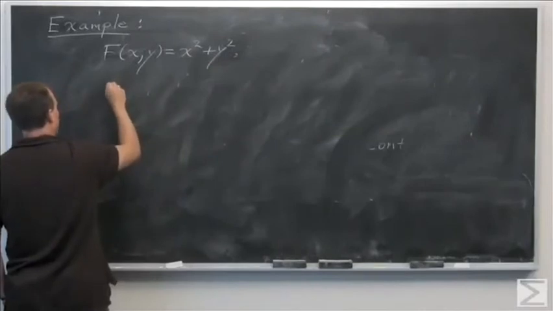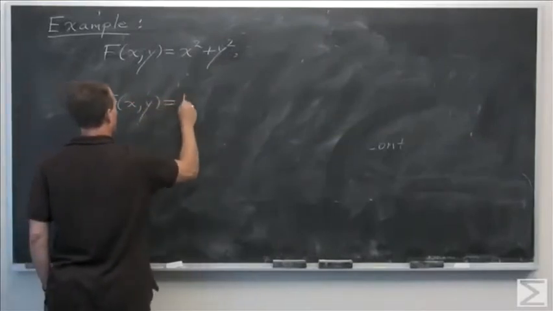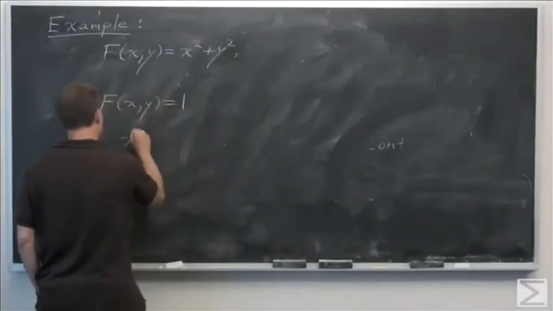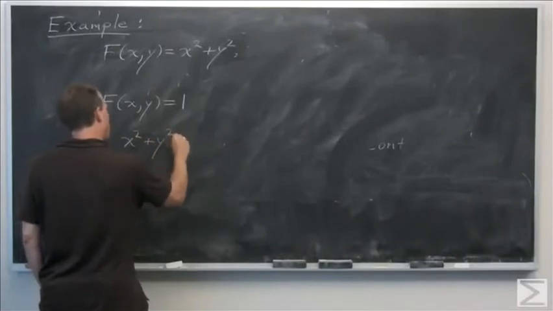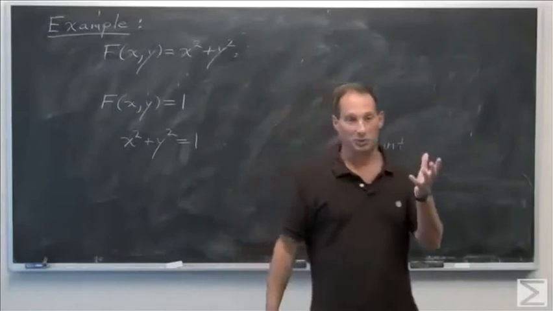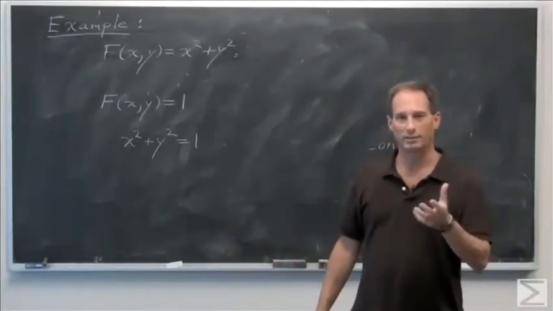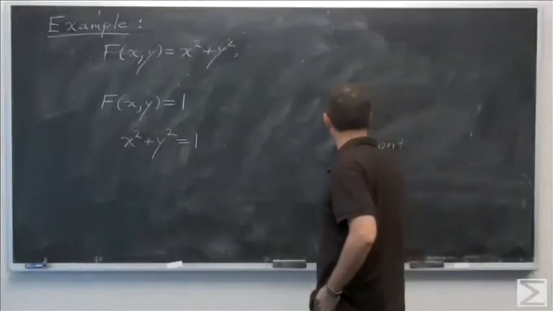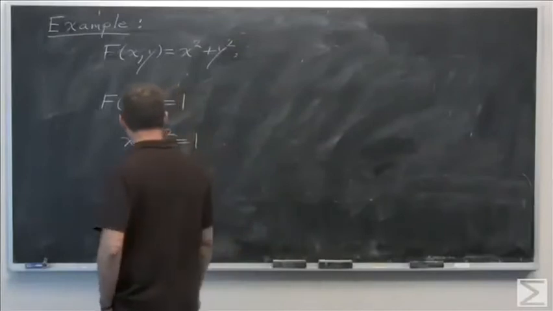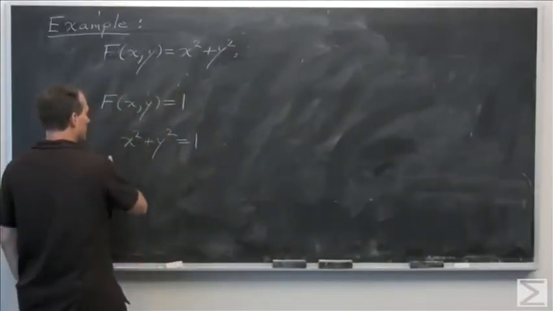And we're looking at f of xy equals 1. So this is x squared plus y squared equals 1. And we would like to know where the implicit function theorem tells us that this implicitly defines y as a function of x, and at those points we'd like to have a formula for the partial derivative of y with respect to x, which is the same as the ordinary derivative, because y would be a function of just x.